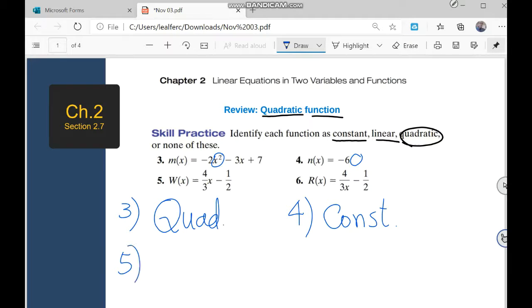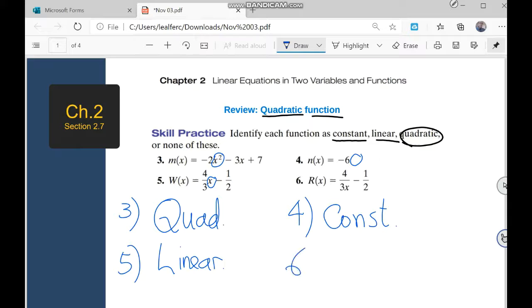Number 5. W of x equals 4 over 3x minus 1 over 2. Again, forget about the numbers, check only the variable. And the variable here has no exponents, and it's not in the denominator. That means this is going to be a linear function.